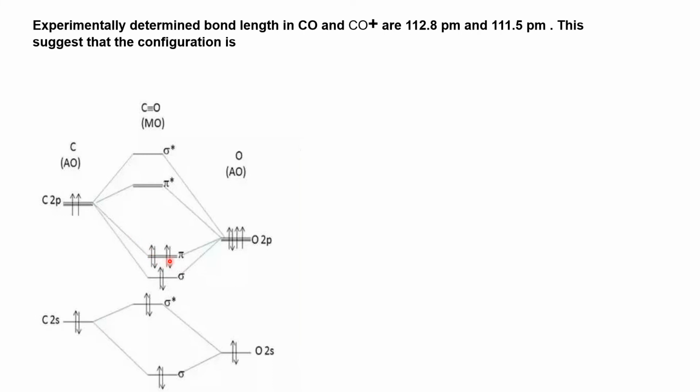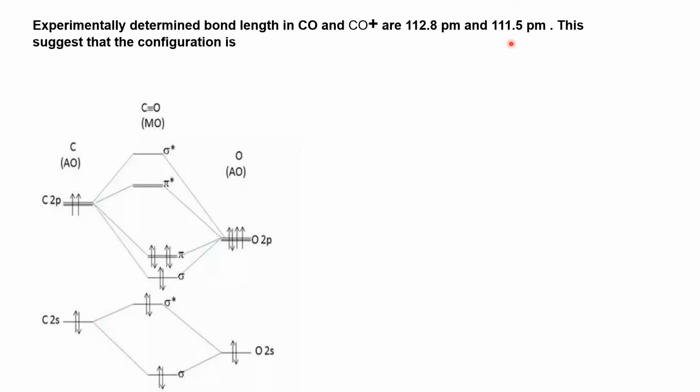Think carefully. Bond order increases, bond length decreases. If CO plus should have lower bond length, that means the bond order of CO plus should be higher than the bond order of CO. Don't get confused.